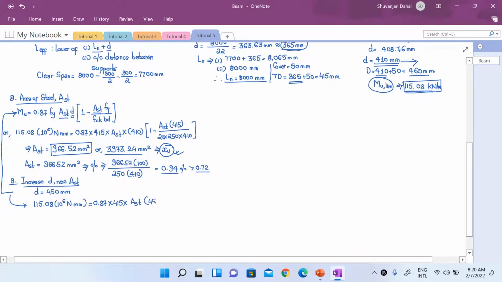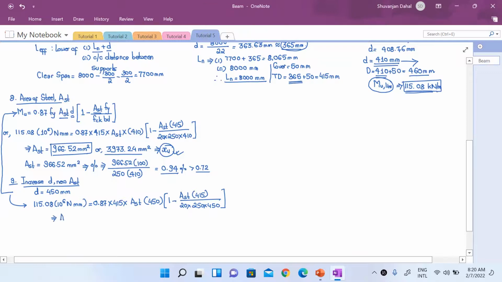Now the value of D becomes 450 multiplied by 1 minus AST into 415 divided by 20 into 250 into 450. So again, this is a quadratic equation in AST.